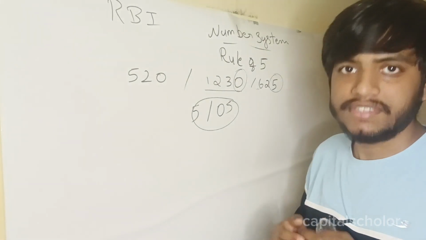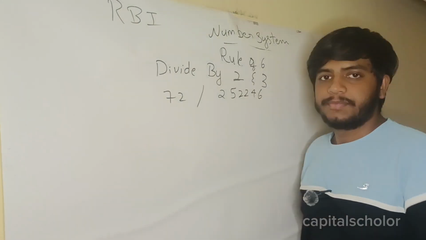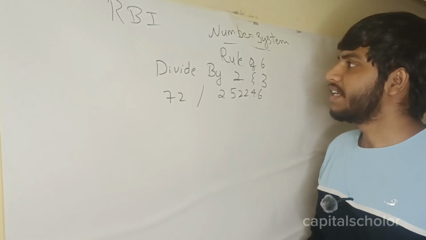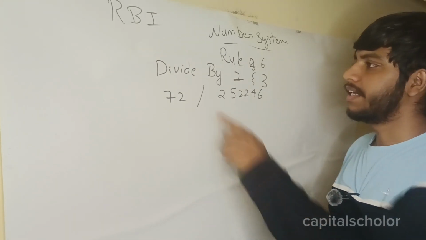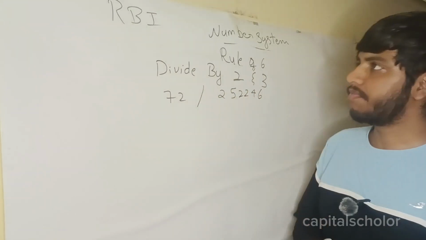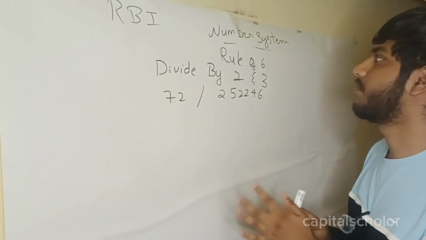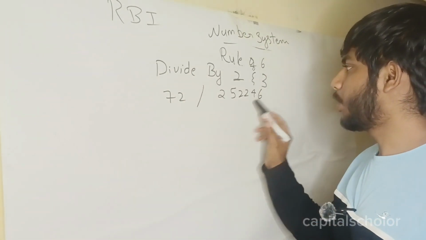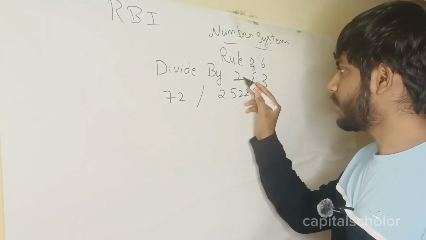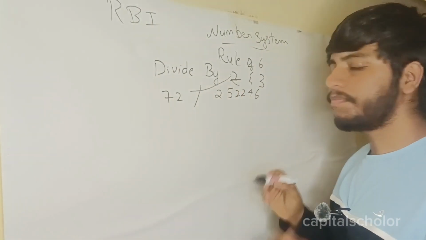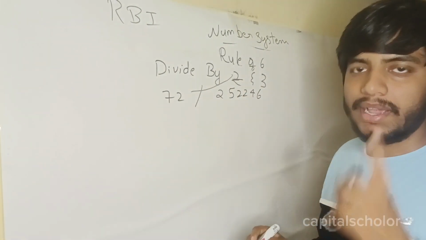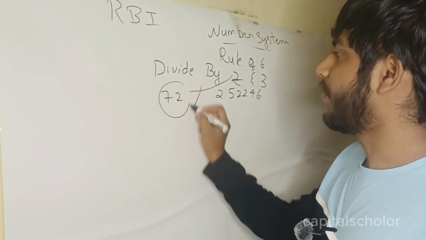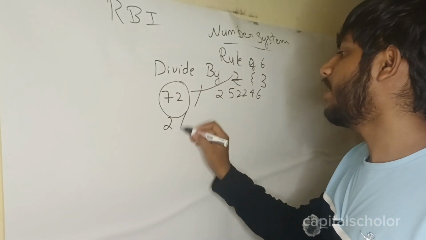Now let's move to the rule of 6. See, the next number is 6. In 6, the rule is divisible by 2 and 3. If someone asks whether the number is divisible by 6, you must see if it's divisible by 2 and 3. If it's divisible by 2 and 3, of course it is divisible by 6. For example, 72 can be divided by 2 and 3.